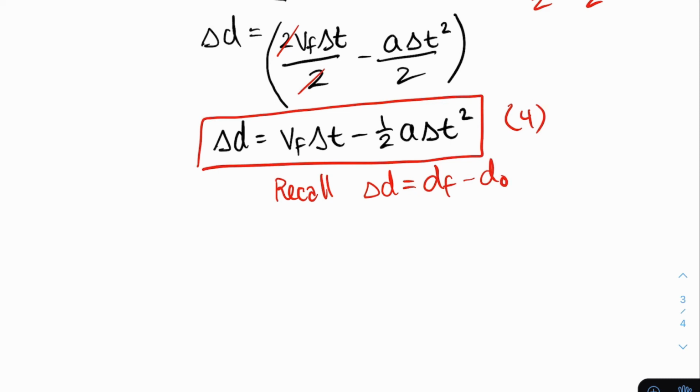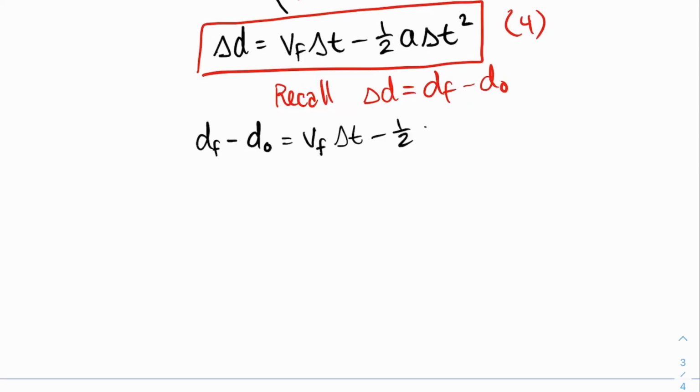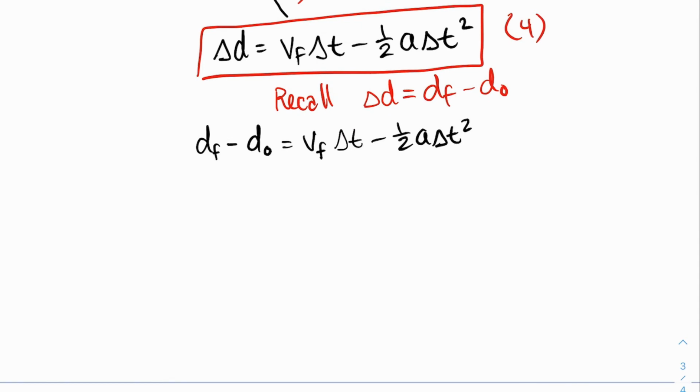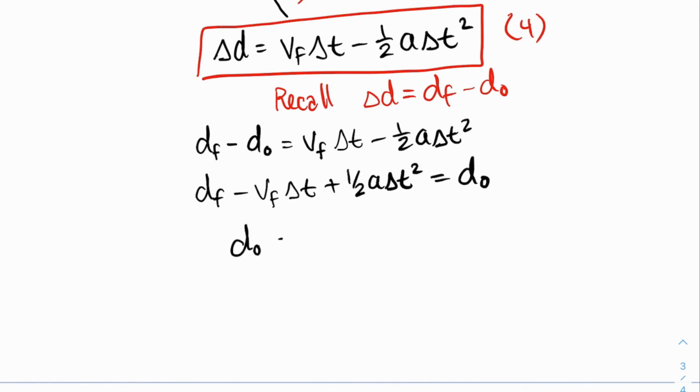So let's rewrite this. And now we're going to rearrange for D initial instead to be on its own. So D final, let's move the V final term and the acceleration term, and flip the equal sign.